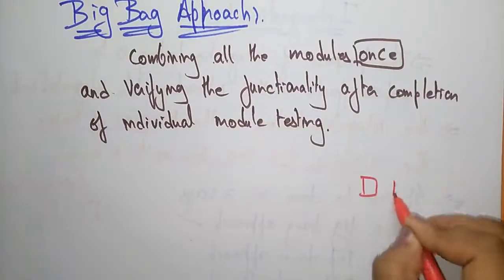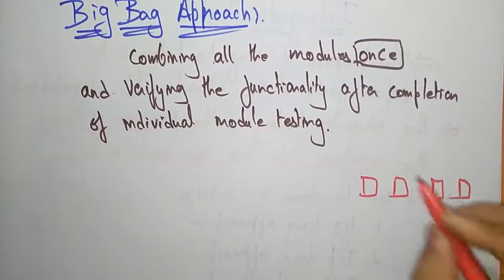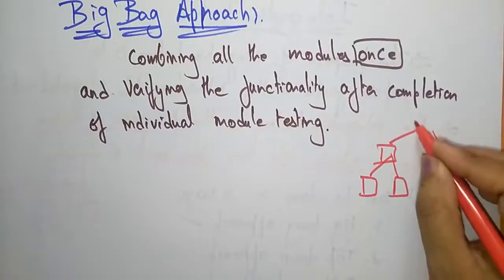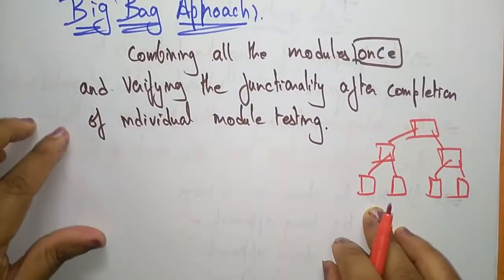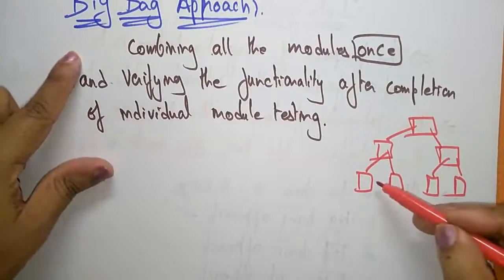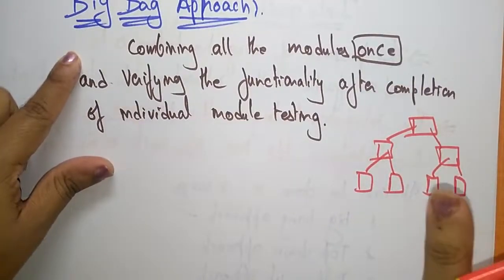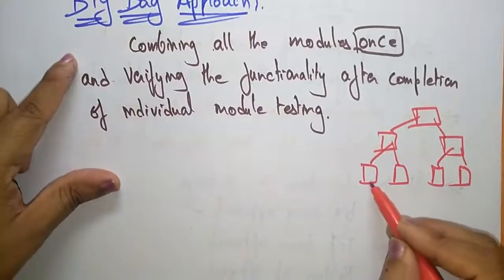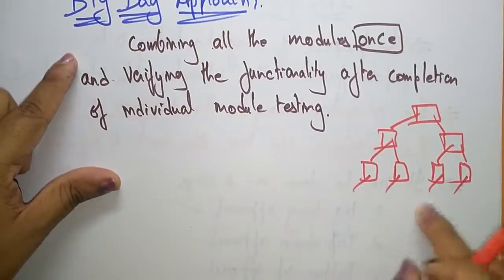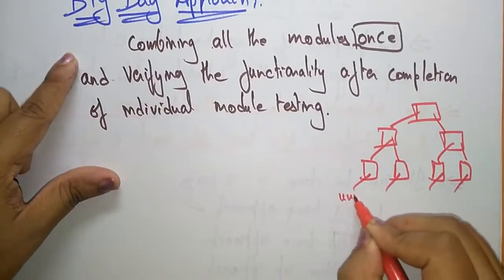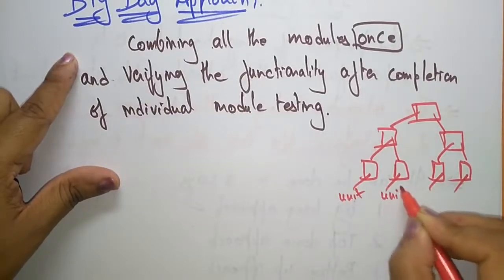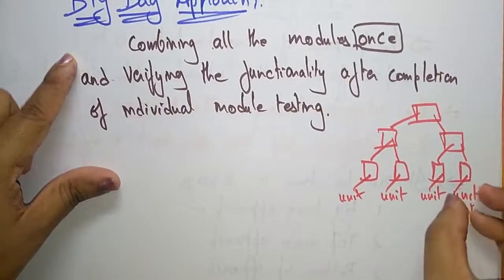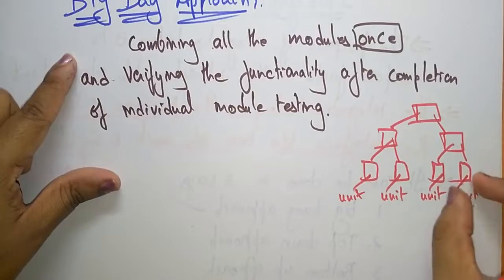So here modules will be there. These modules will be integrated. Again, this will be integrated. So the Big Bang approach is we have to combine all the modules once and verify the functionality. When are you going to verify the functionality? After the completion of the individual module test. This will be done with the help of unit tests, on these individual modules.